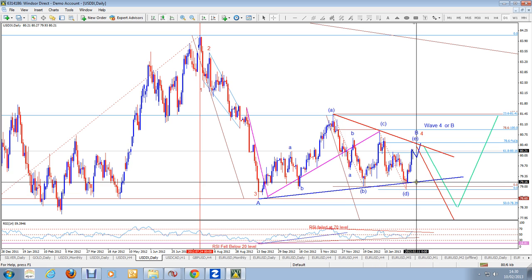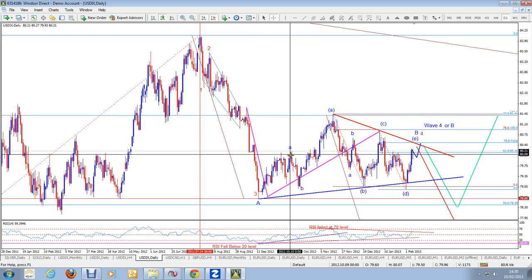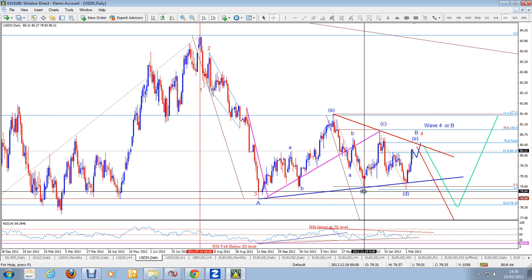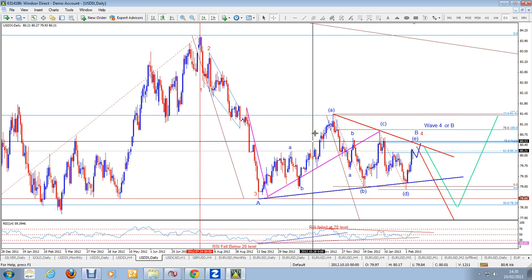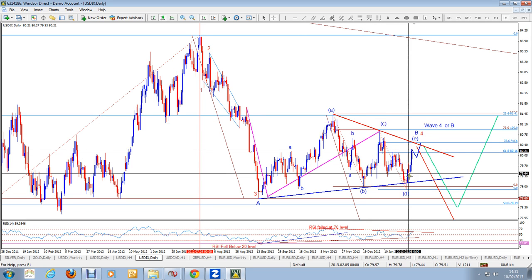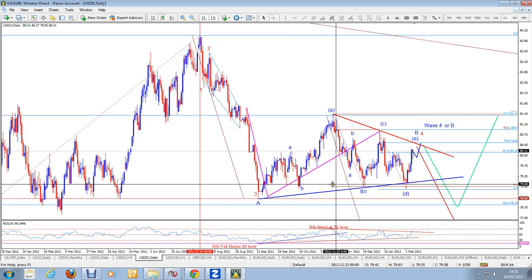That's the other point I need you to remember. If the triangle fails, then we have ABC as a wave A, ABC down as a wave B, and the wave B would be like an ABC up here, and then this A, this B and this C finish here, and we are now coming back, in which case we've got a flat correction.